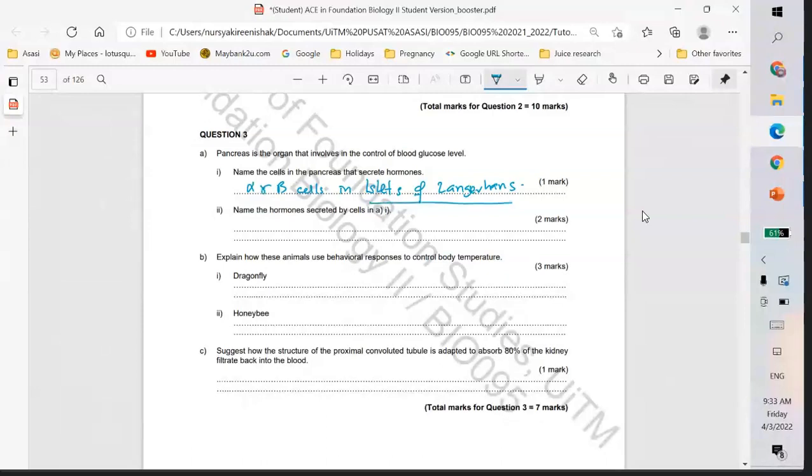Okay, so the alpha and the beta cells are located in the islets of Langerhans in the kidney.